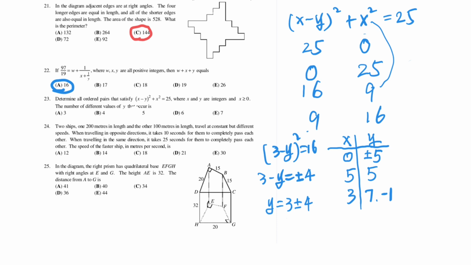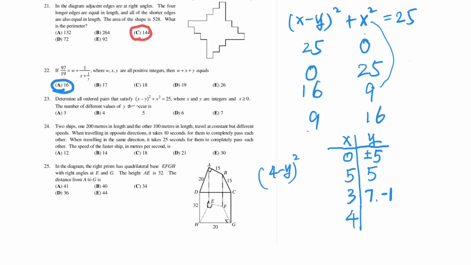The last case: if x squared equals 16, that means x equals 4. x cannot be negative 4. And (4 minus y) squared equals 9.